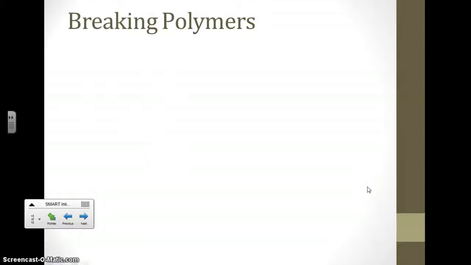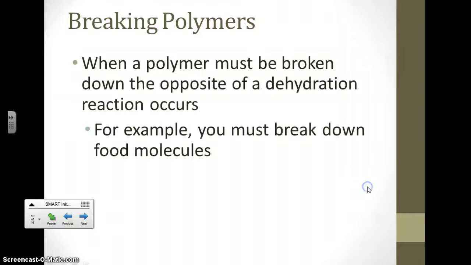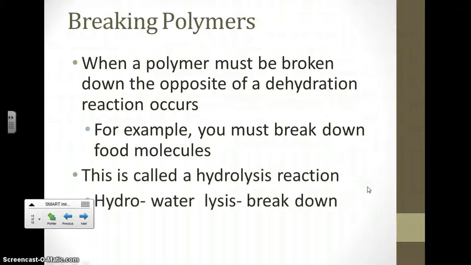Sometimes we need to break our polymers apart. If we need to, for example, break a protein down to its amino acids, we need to go through what's called a hydrolysis reaction. If we add water, so hydro means water, and lysis means to break down, we are going to break down the molecule.